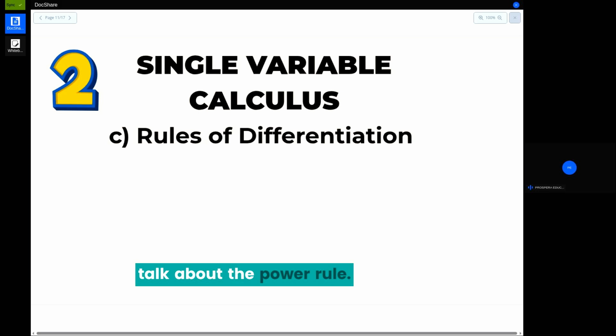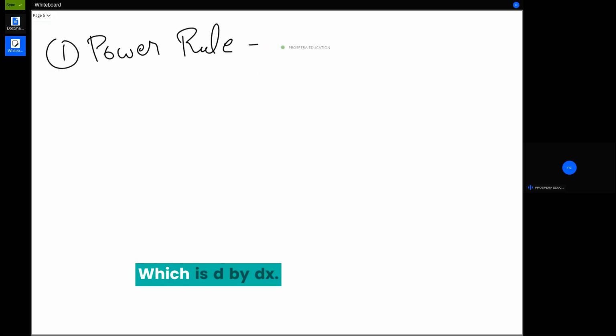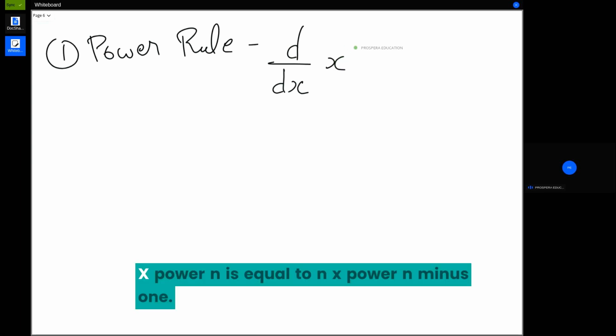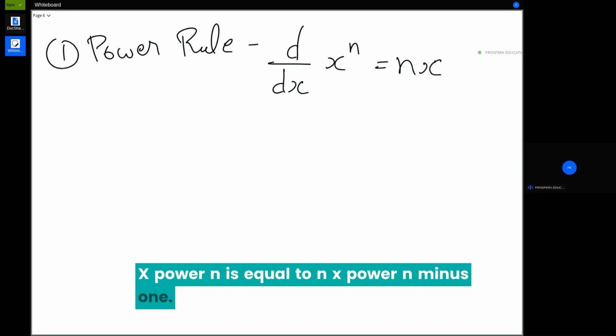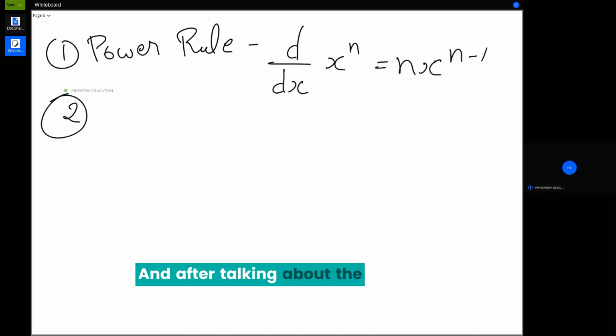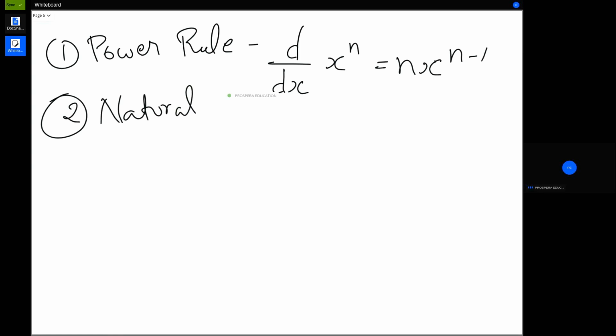I'm going to talk about the power rule, which is d/dx of x^n is equal to nx^(n-1). And after talking about the power rule, I talk about natural exponential and logarithm.